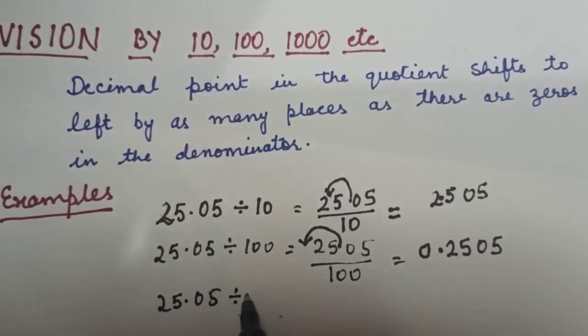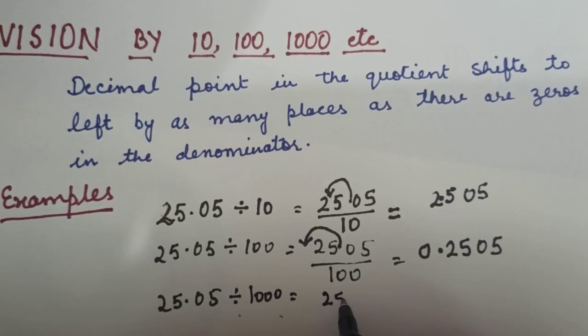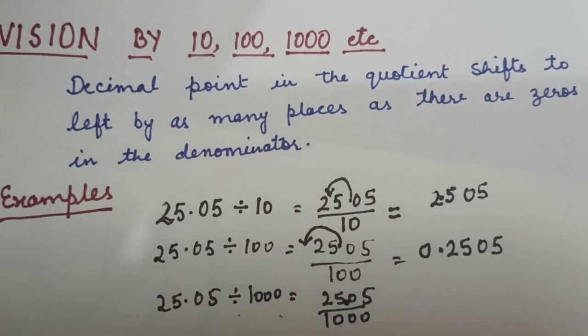Now if the same number is divided by 1000, 1000 means you have here the denominator as 1000. Alright. Now the decimal point is here in between 25.05.